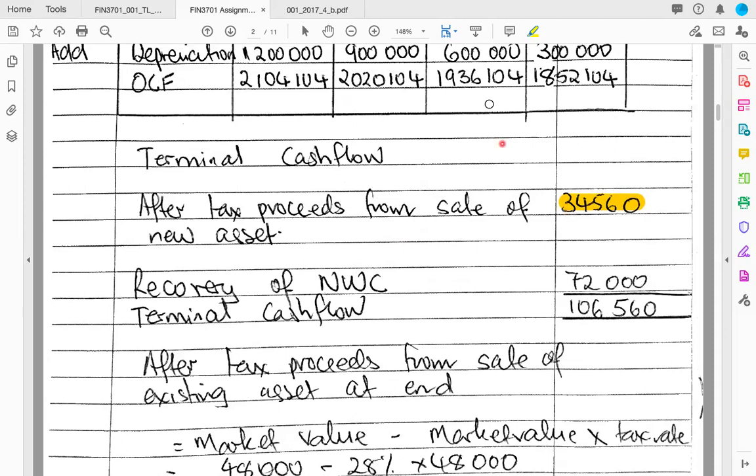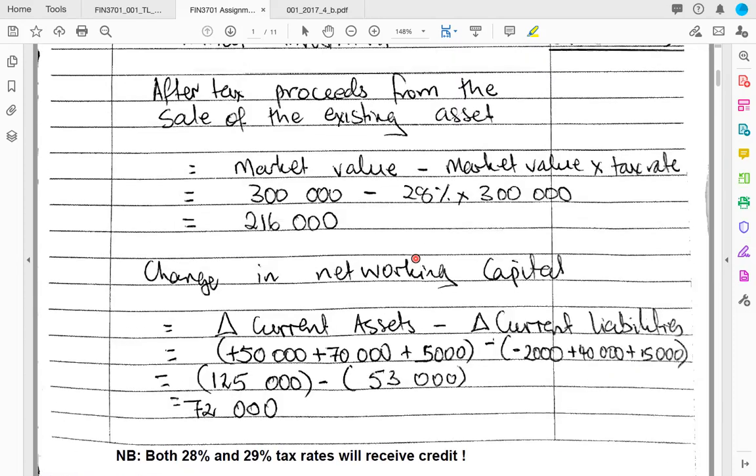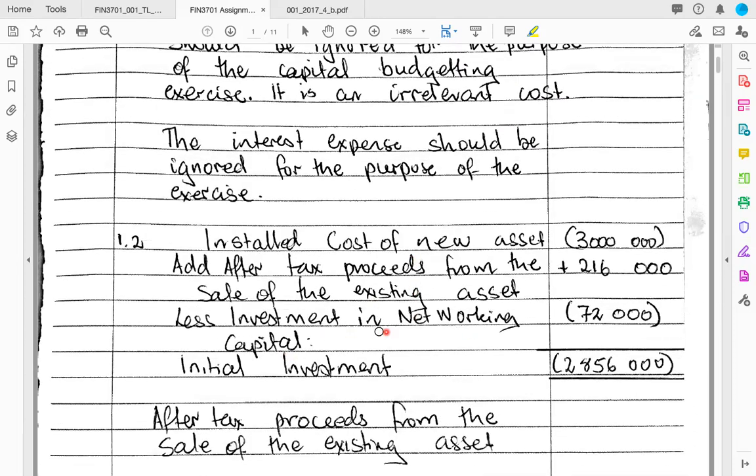So that's how we got this value right here of 34,560. Okay. And then the last part of the calculation associated with the terminal cash flow is the recovery of net working capital. We need to add the recovery of net working capital. Remember, initially, we said money went out when we calculated the initial investment.